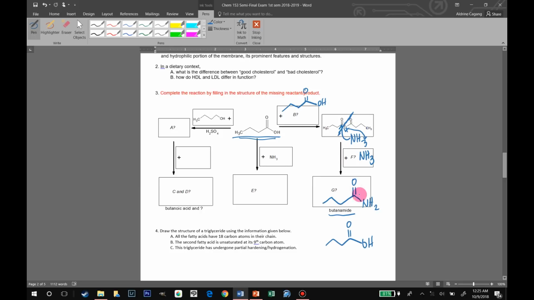There are 2 products here, but you're only being asked for one, which is butanamide. So the reactant needed to get your butanamide is NH3 or ammonia.